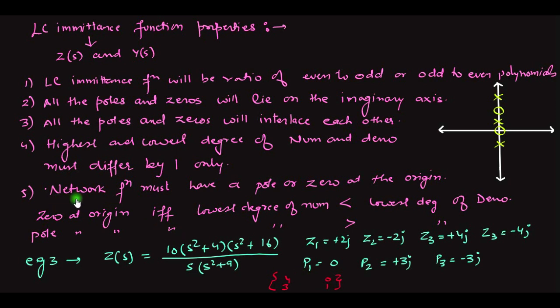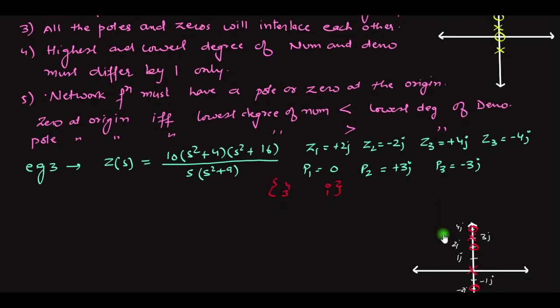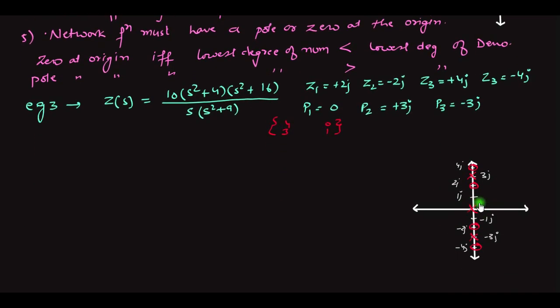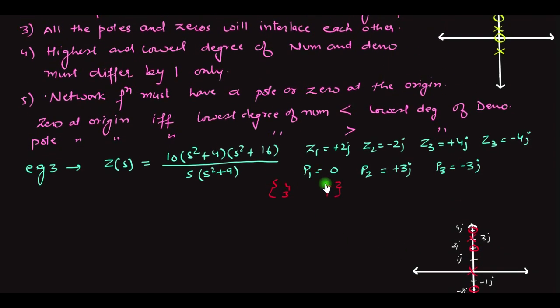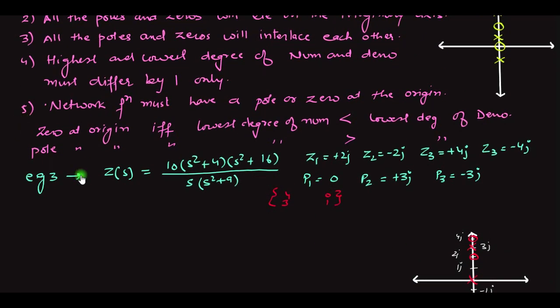Condition number 5 says the network function must have a pole or 0 at the origin. Let us recheck the plot, and from the plot we can say there is a pole at the origin. Hence condition number 5 is also verified, and as all the conditions are verified, we will say the given network function is an LC immittance function.